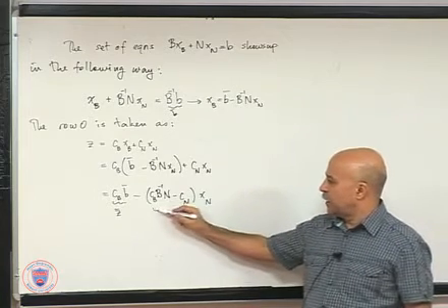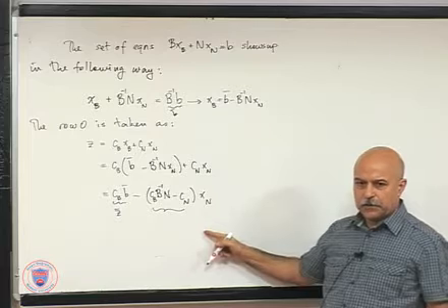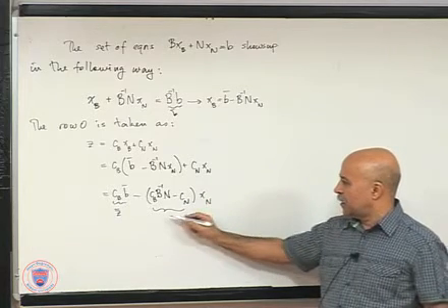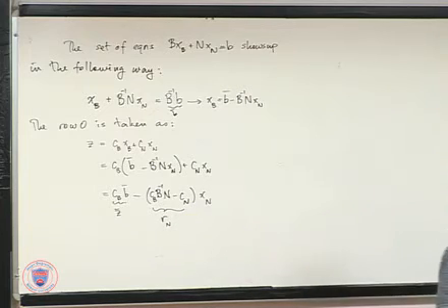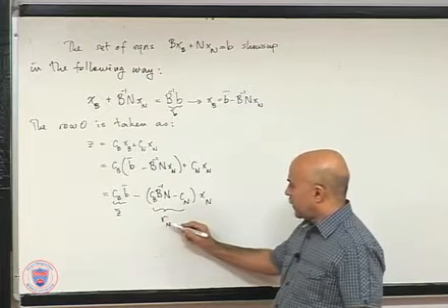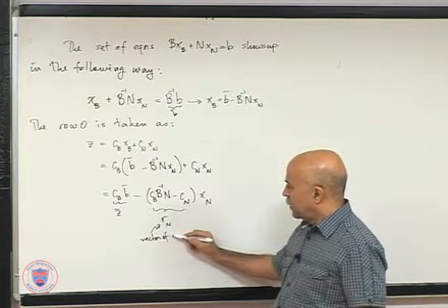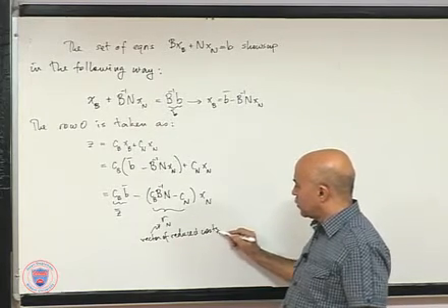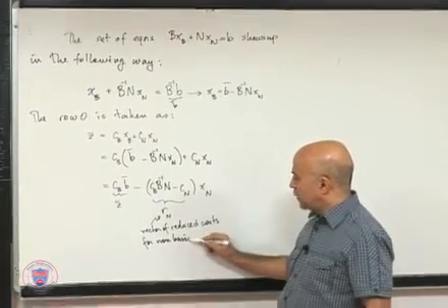And then this part, I gave a name to it. This is just a row vector with which you take the dot product of x. And we just called it R sub n, the row vector of reduced costs, the vector of the so-called reduced costs for non-basic variables.